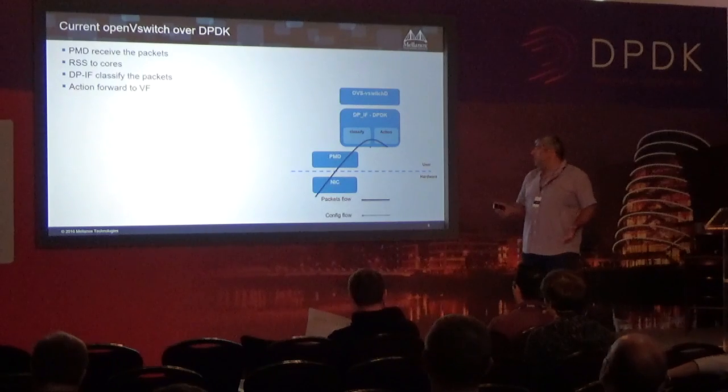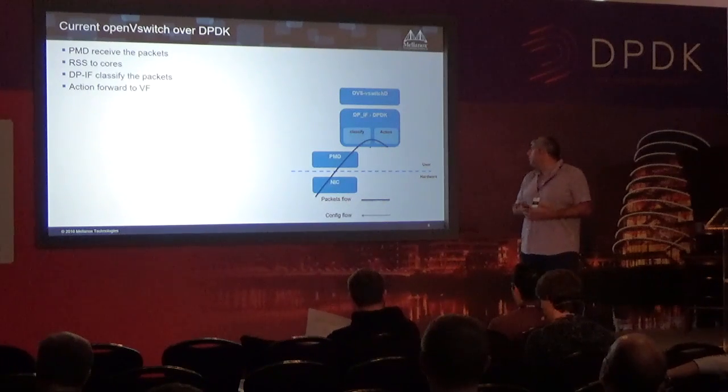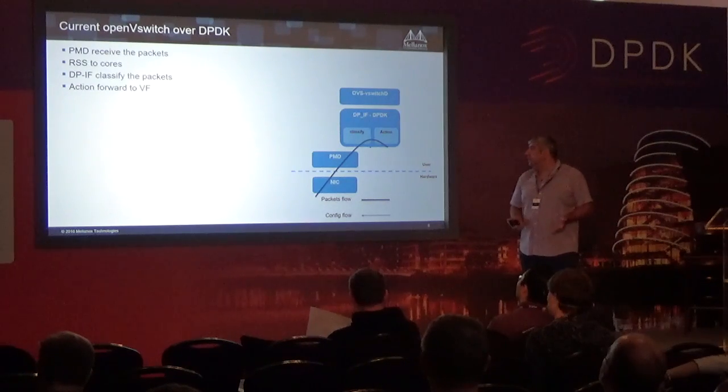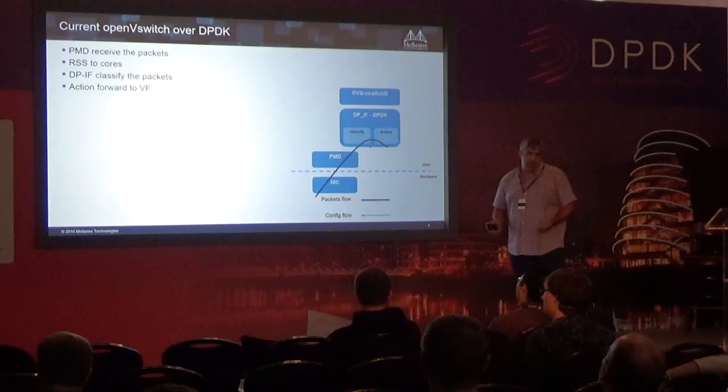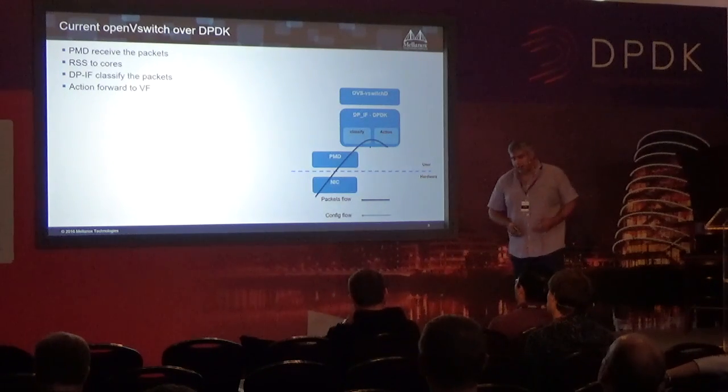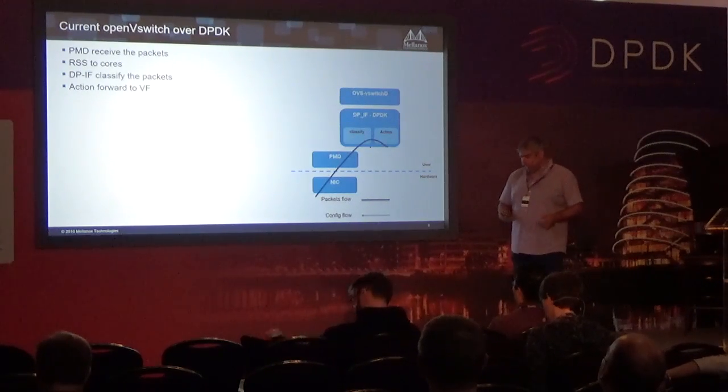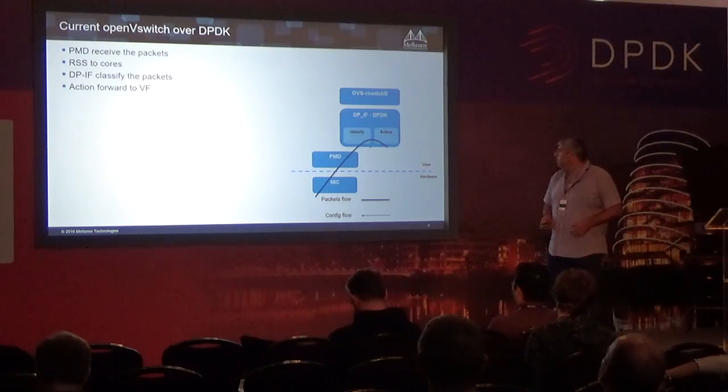And the DPIF, which is a part of vswitchd, does the classification for each packet and does the action to forward it to the interface that you need. After that, of course, you do the modification to the packets if it's required.